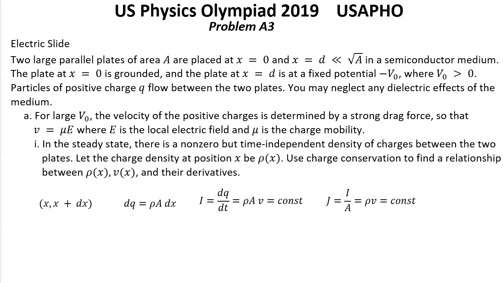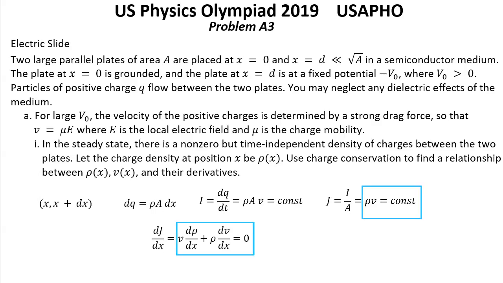If we take the first derivative of this current density, we get zero. So either rho v is constant, or v d rho over dx plus rho dv over dx equals 0. These are solutions for question 1 in part A.